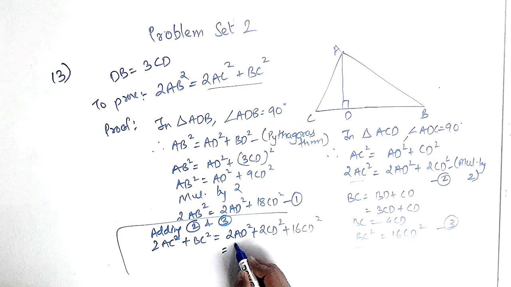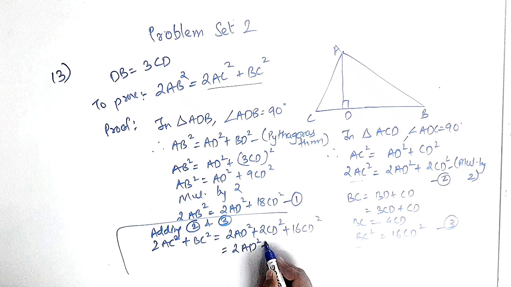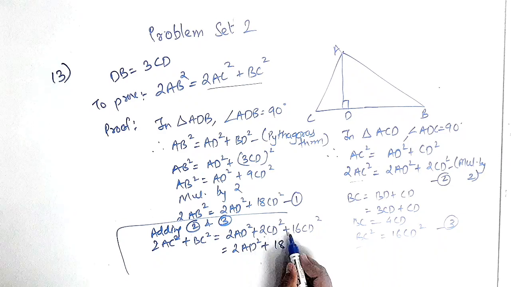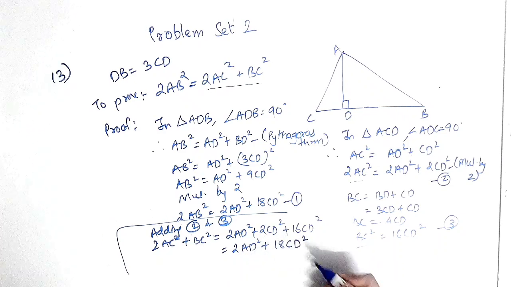Now this becomes 2AD square plus 16 plus 2 becomes 18CD square. Correct?